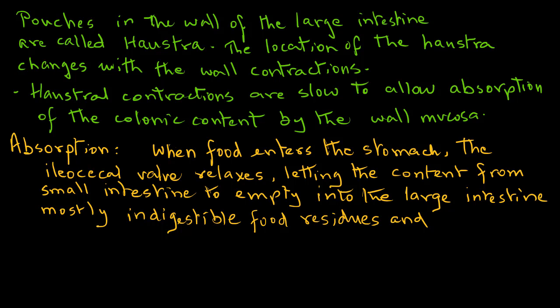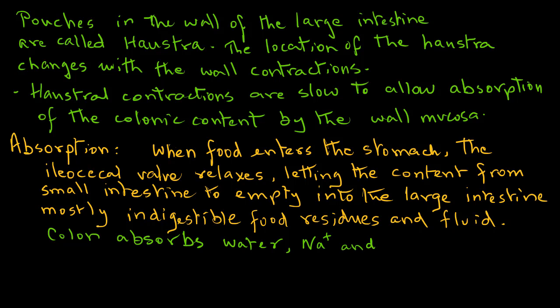And mostly that content is indigestible residues that were not digested in the small intestine, and also any of the remaining fluid. Now, most of the absorption in the colon is of water, sodium, and chloride.